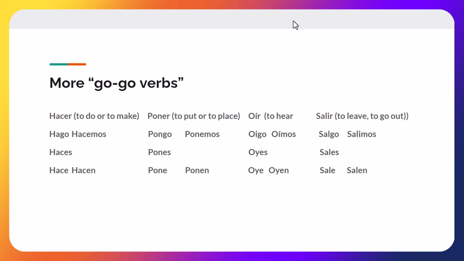Now that doesn't apply to the yo form, but it does to the rest of them. So I've just got it written out here for you. Let's do it. Oigo, oyes, oye, oímos, oyen.